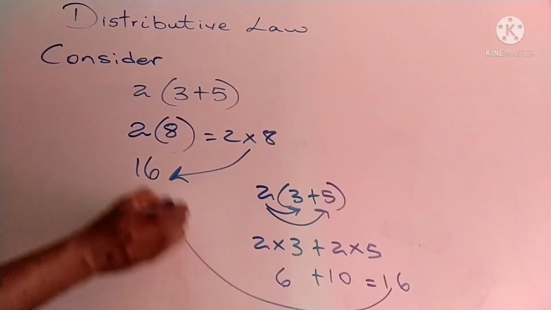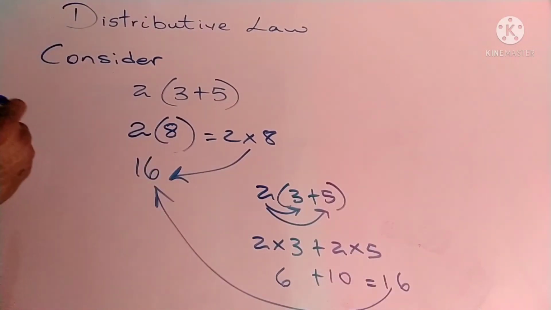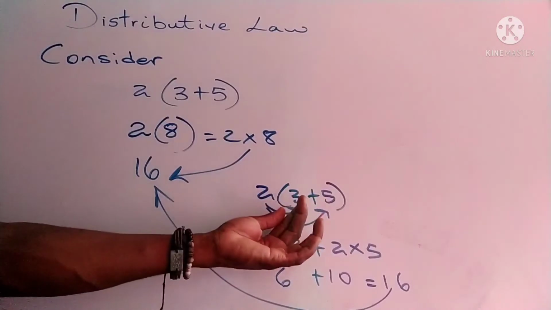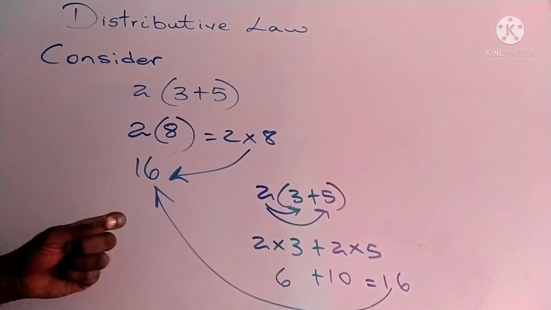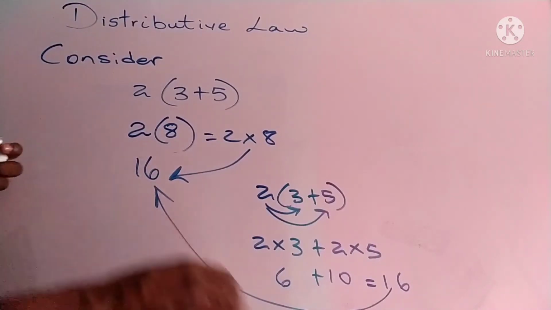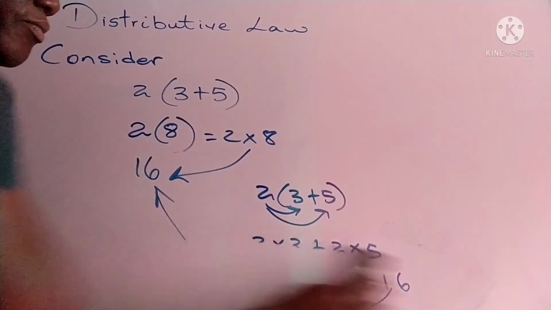So you could see here that I get back my 16 just the same. So the act of distributing inside the bracket over addition or subtraction is really true. But let's verify this with a subtraction as well, quickly.